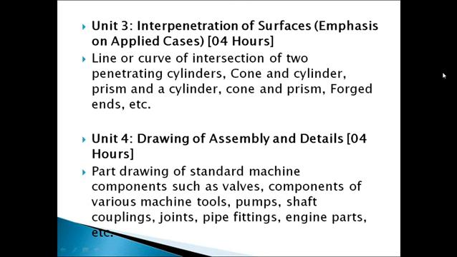Then unit number 4, drawing of assembly and details. Assembly and details are very important in industry. In an assembly, we gather many components together to make a proper product. Whenever we give something to the production department to manufacture, we require a proper drawing, which must be an assembly drawing and a detailed drawing.